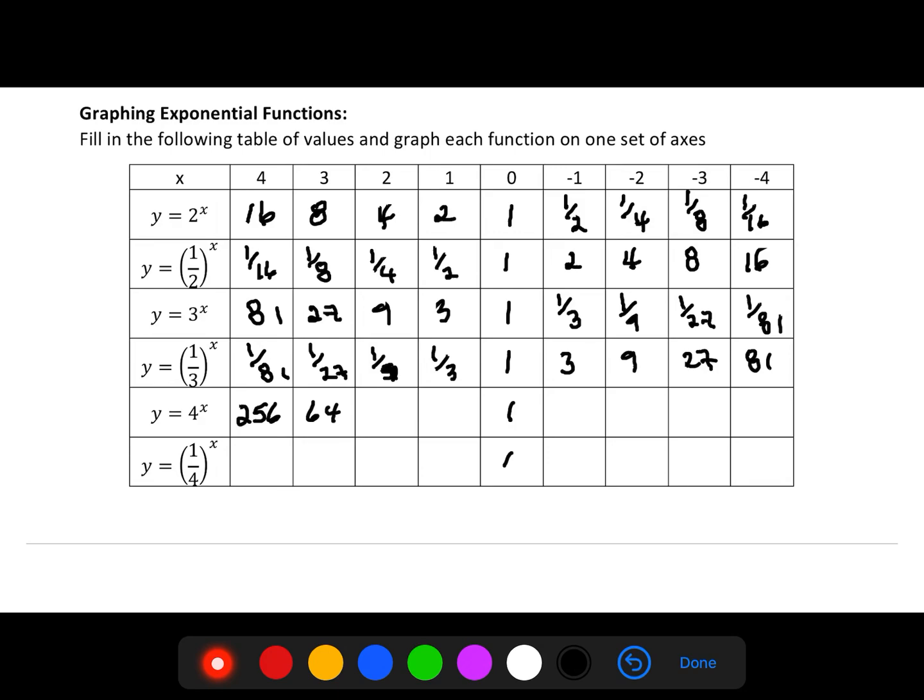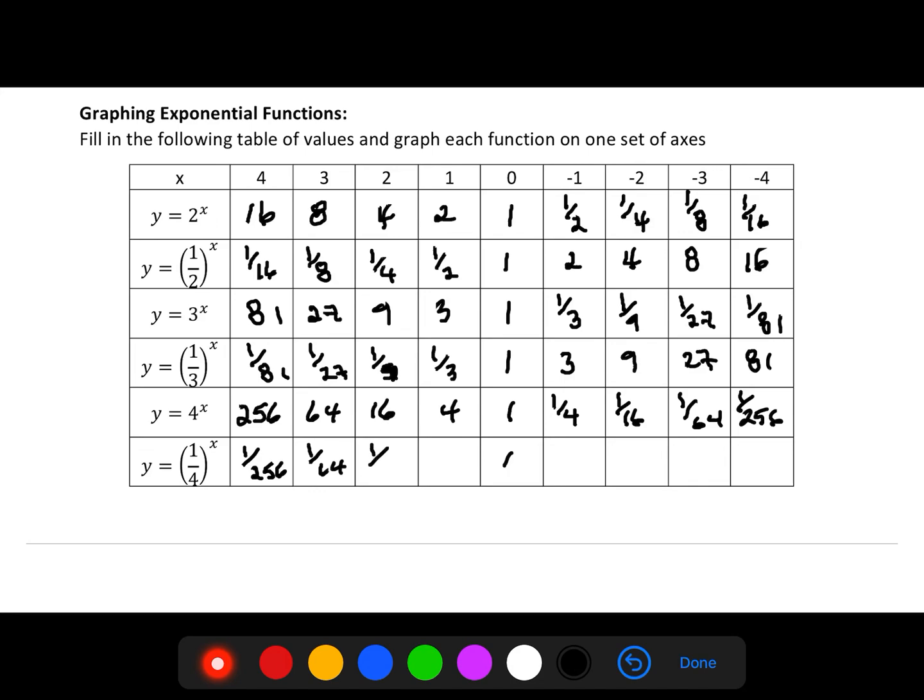4 to the power of 3 is 64. 4 squared, 16. 4 to the 1. And again, when we flip, we notice we're going to get 1 over 4, 1 over 16, 1 over 64, and 1 over 256. 1/4 to the power of 4, and you'll notice that our pattern goes in reverse of what we had when we had 4 to the power of x.